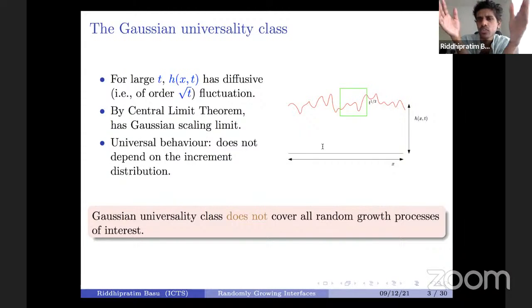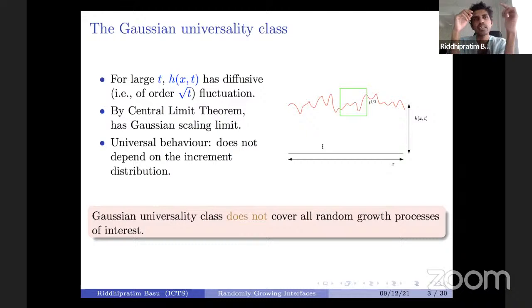This is exactly the central limit theorem: when you subtract off the mean and divide by the fluctuation, as t goes to infinity, you get a Gaussian random variable. And of course, because I have said that different columns evolve independently, you'll get independent Gaussians at different columns.